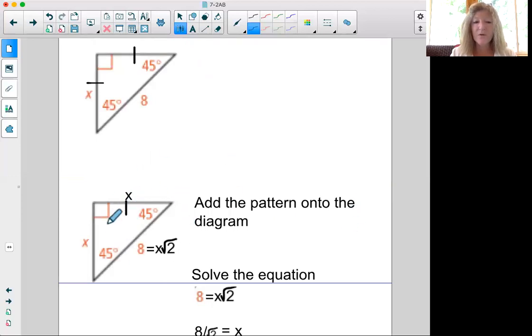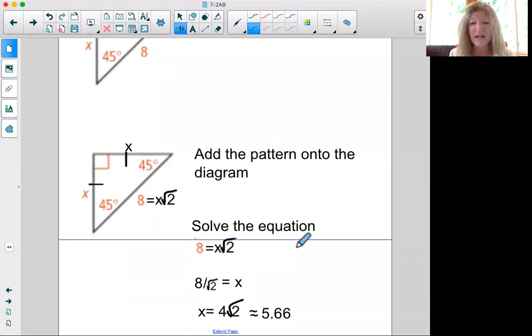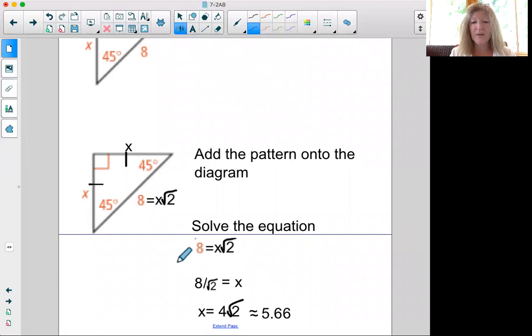The legs will both be x, and the hypotenuse will be whatever the leg is times root 2. And we're given, well, the hypotenuse is 8. So here's our equation. And then we solve our equation so we can find x, the leg length. We divide both sides by root 2. And if you punch that into your calculator, you'll get 4 root 2, or a decimal approximation is 5.66.